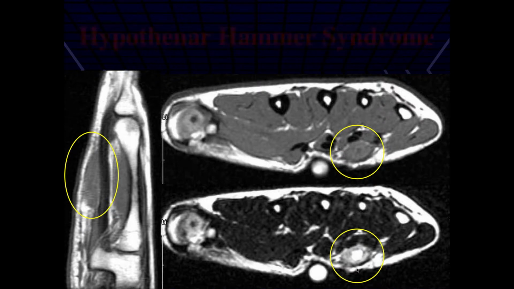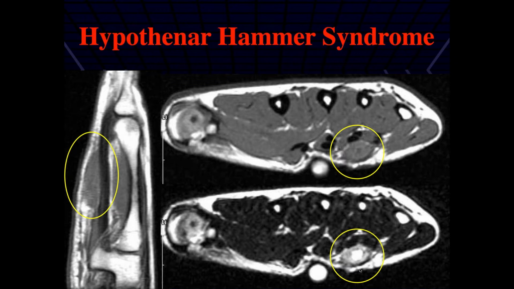Oh, so this is called hypothenar hammer syndrome, and this is a traumatic aneurysm of the artery due to repetitive trauma, commonly seen in camera operators or carpenters who use their hands a lot.